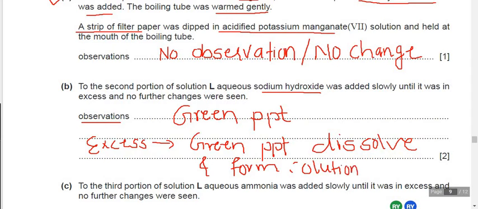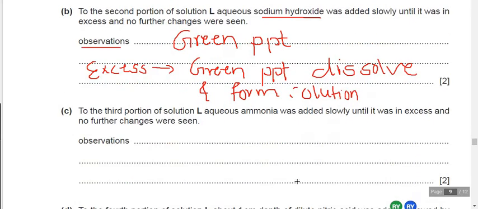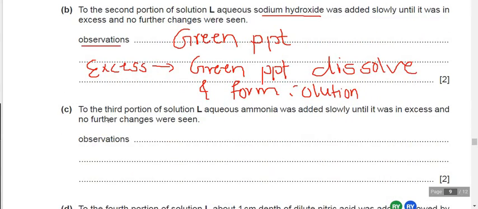Now moving to the C part of this same thing. Again you have the same chromium chloride and you are adding aqueous ammonia. So whenever you are adding aqueous ammonia, it is a test for cations again. So chromium will show you here a gray green PPT, gray green PPT.